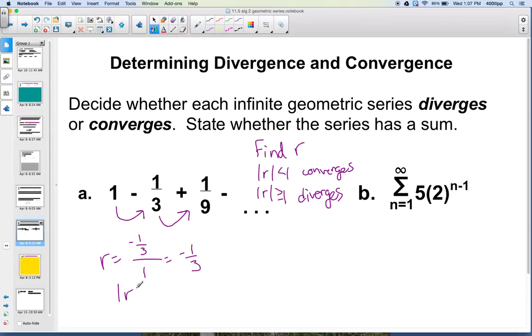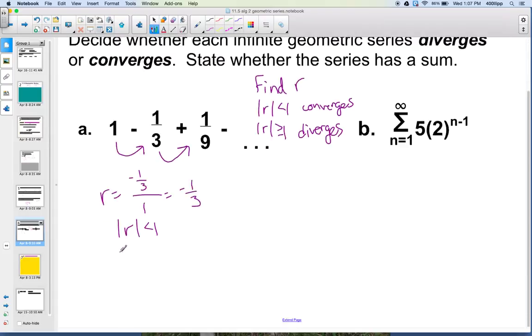Since the absolute value of r is less than 1, because the absolute value of negative 1/3 is 1/3, and that is less than 1, therefore this series is going to converge. In our next slide, we're going to learn how to find what it's converging to.